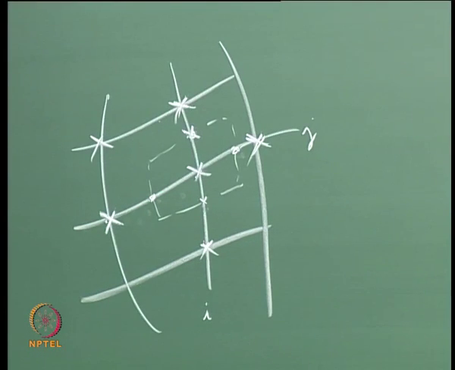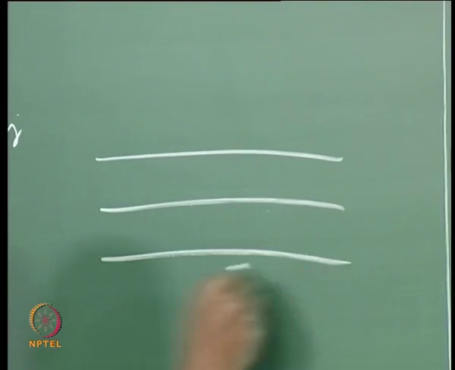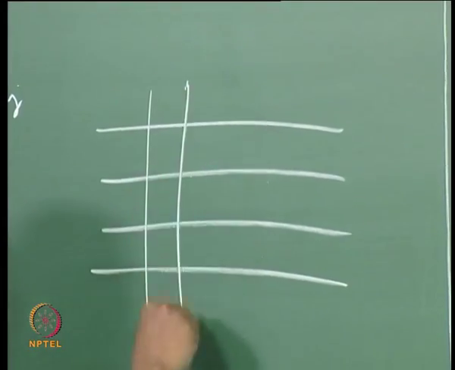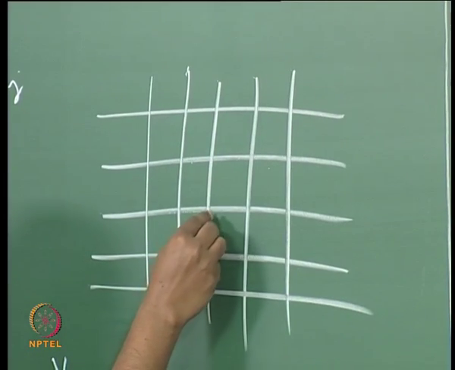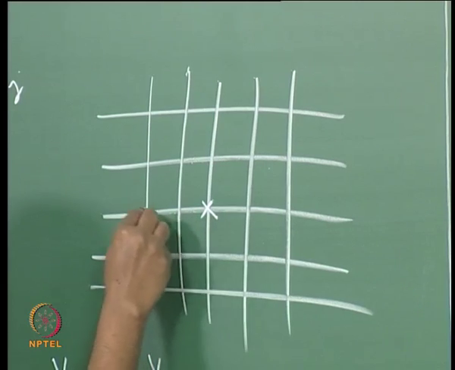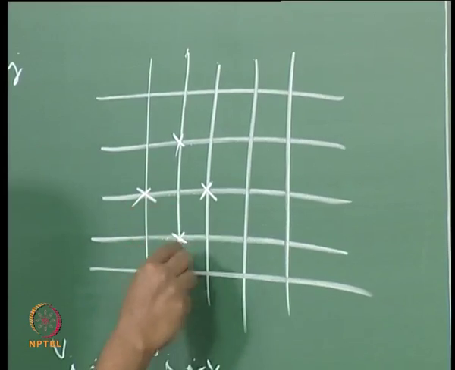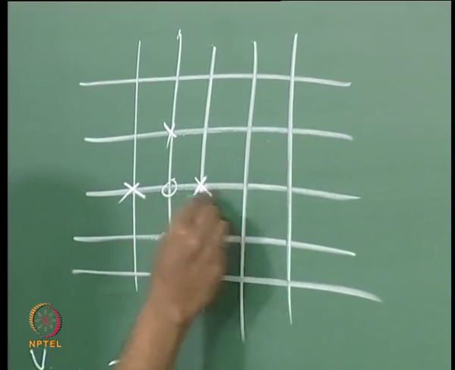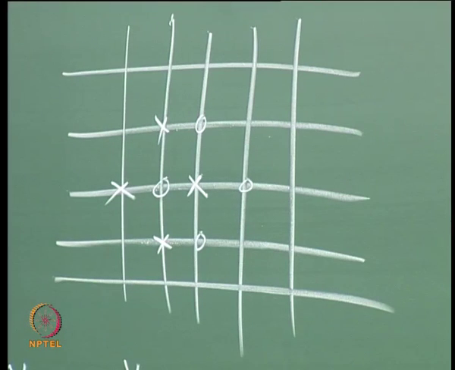So that means that if you have a grid like this, then this pressure and this pressure will determine this, these four pressures will determine this, and again these four pressures will determine this.